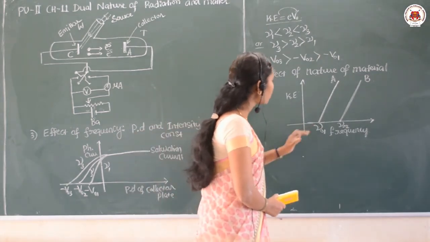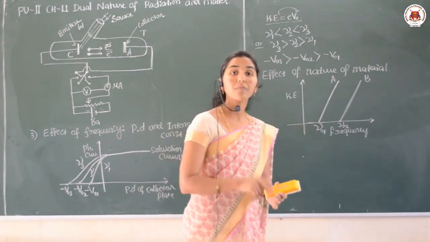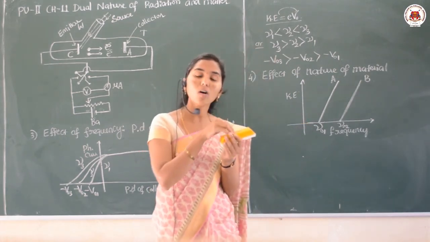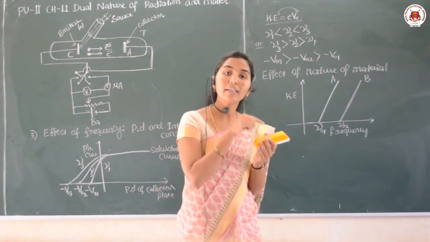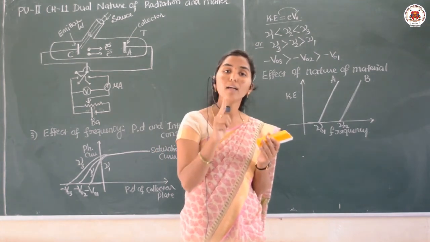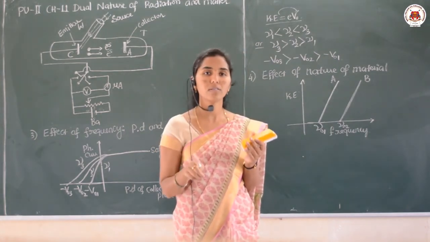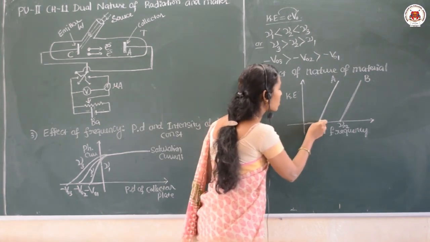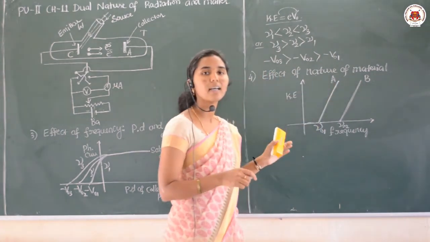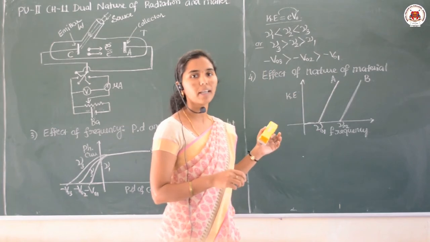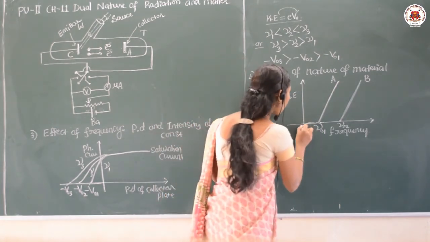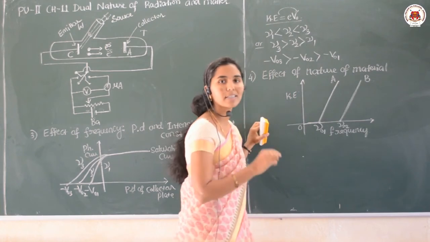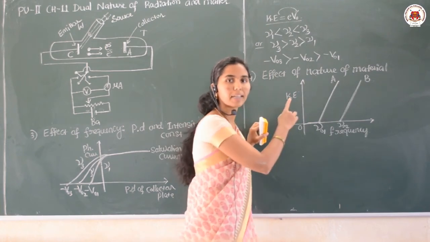So this shows that whenever a particular frequency is incident on a particular metal, only then does it emit photoelectrons. See, before nu naught one, there is no increase or decrease in the kinetic energy for the metal A. So, from the origin up to a particular value of the frequency is reached here for the metal A.